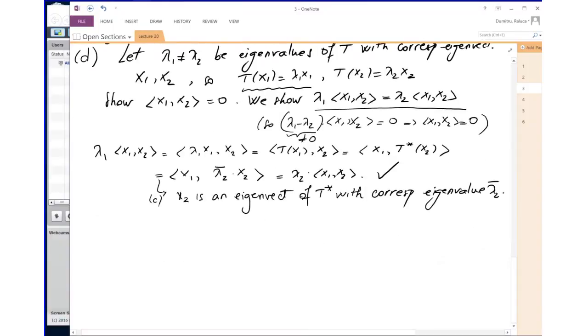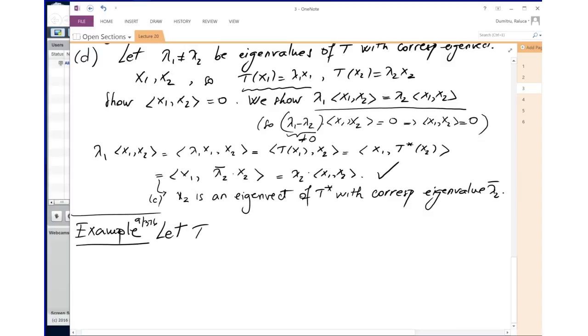Let's stop for a minute with these theoretical results and look at an example. An example that is based on these properties, so it's not going to be a computational example, it's going to be more theoretical as well. So let T, this is number 9 on page 376, or part of it at least.